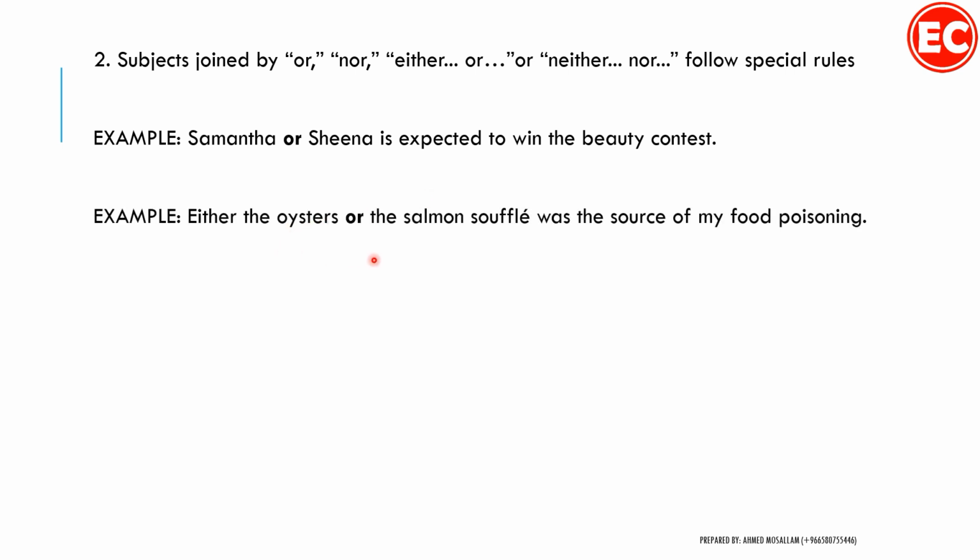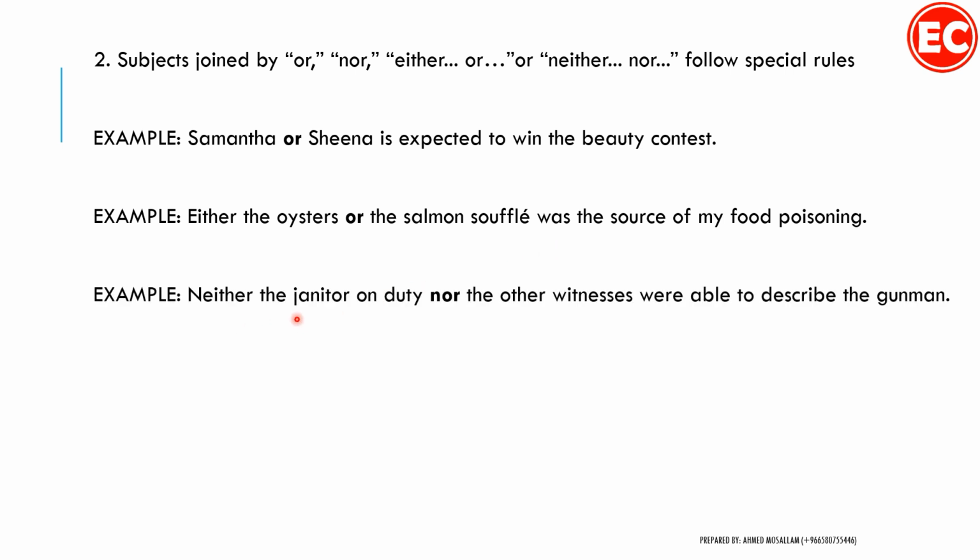Either the oysters or the salmon souffle. Here we have oysters plural, salmon souffle singular. Which one is going to decide the verb? The salmon souffle, because it is singular, and we have was here. Neither the janitor on duty nor the other witnesses. Here we have singular before nor, and we have plural after nor. So we'll consider the one which is after nor as the subject, and it decides the verb to be plural here.